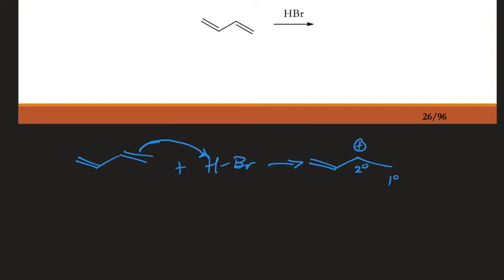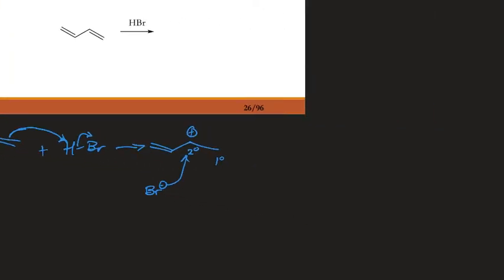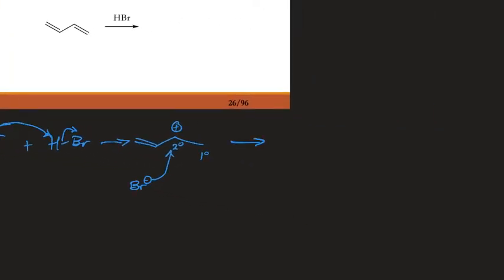So we get that preference, and then the bromine that was kicked off would attack the secondary position to make this molecule here. And if I make this color-coded, the hydrogen would be here, and you get that as a product.